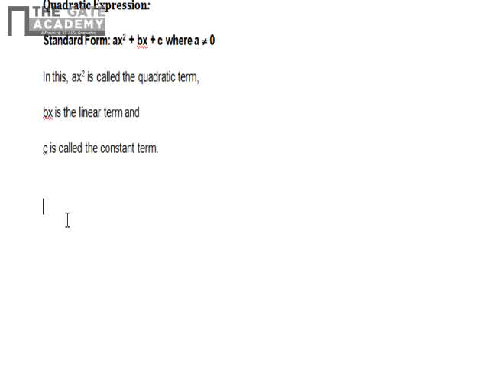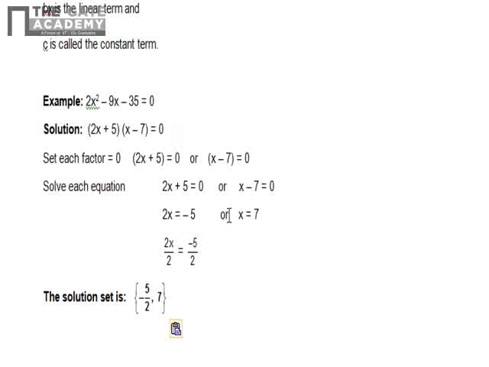So now we'll take one example, and I think you all remember how to solve this equation. Suppose this is an example: 2x square minus 9x minus 35 is 0, where the coefficient of x square, that is a, is 2, the coefficient of x, that is b, is equal to minus 9, and the constant term is minus 35.